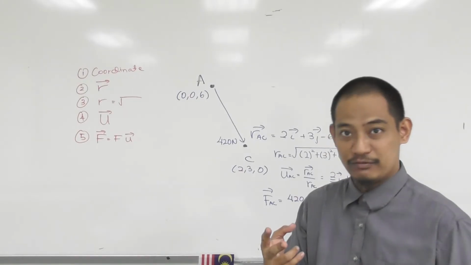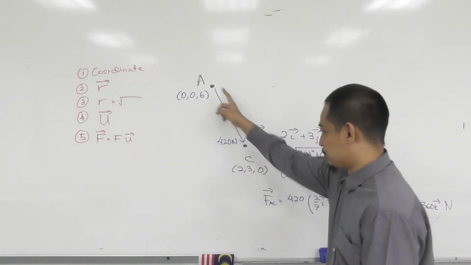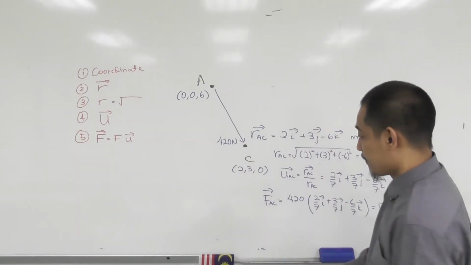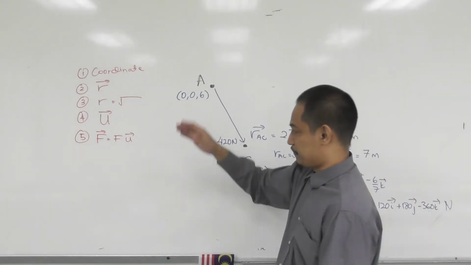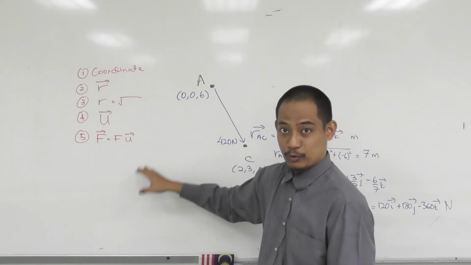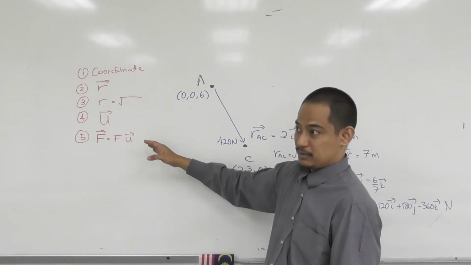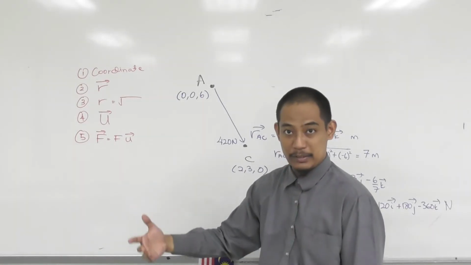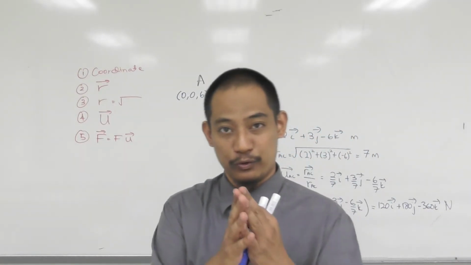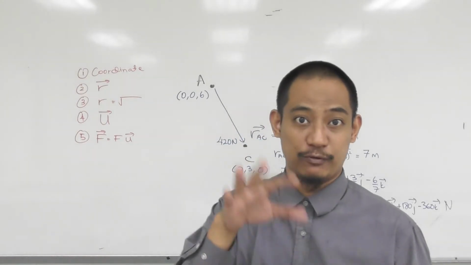So how to get the Cartesian vector for both? For each you have to do the whole thing, right? So for FAC, this is the whole thing. For FAB, you start again. Point A, point B, coordinate, RAB, vector RAB magnitude, UAB, and then FAB, right? So you just repeat the whole process for each force.